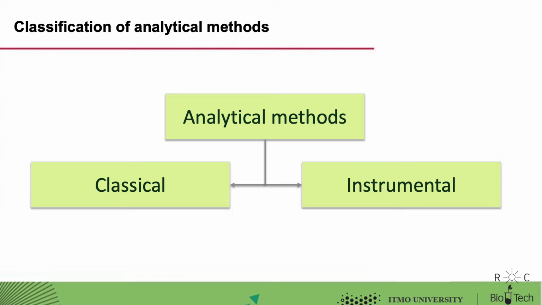Registration of the totality of received signals makes it possible to characterize its qualitative and quantitative composition. These methods are based on a quantitative study of the relationship between the composition and physical properties of an object.